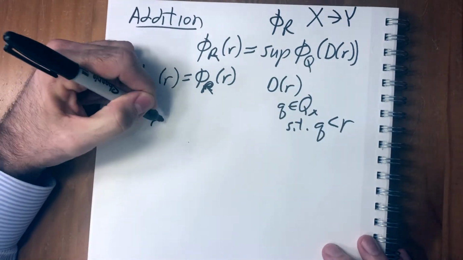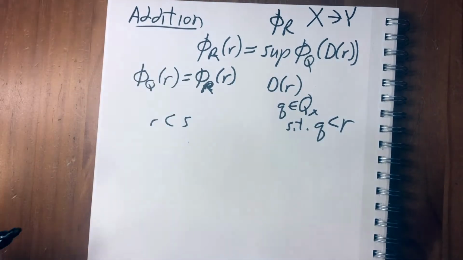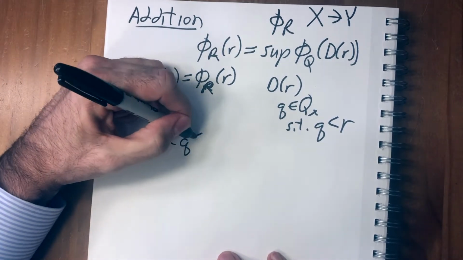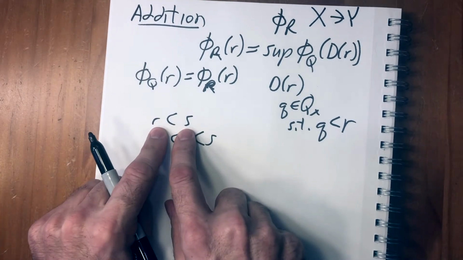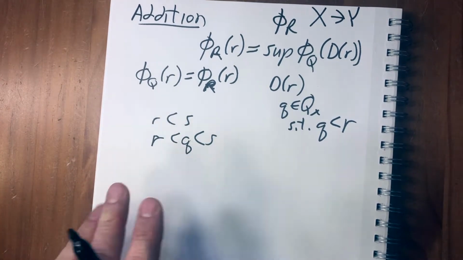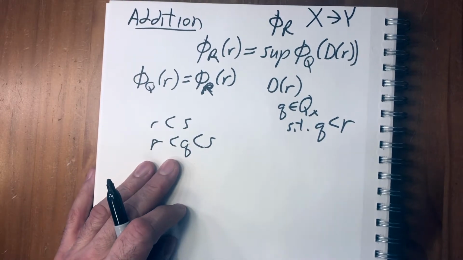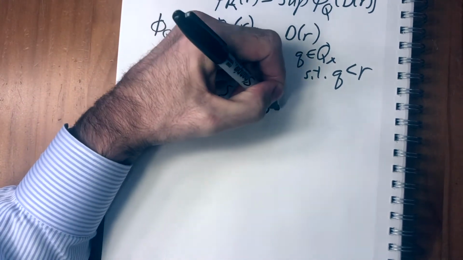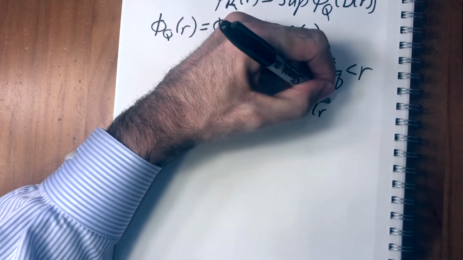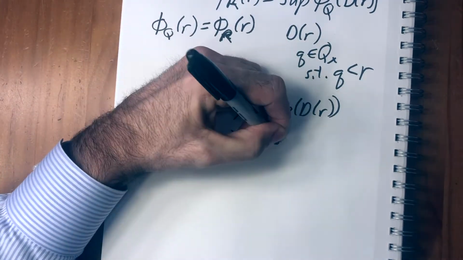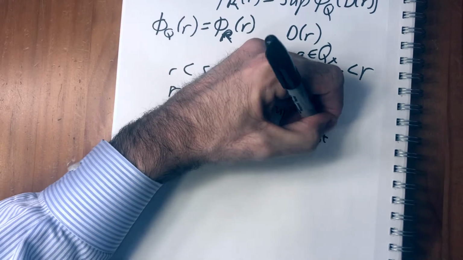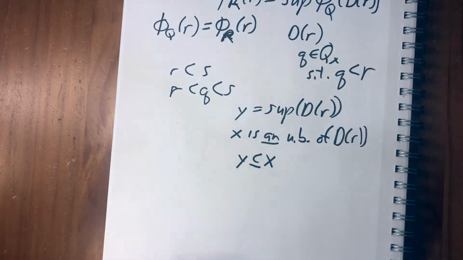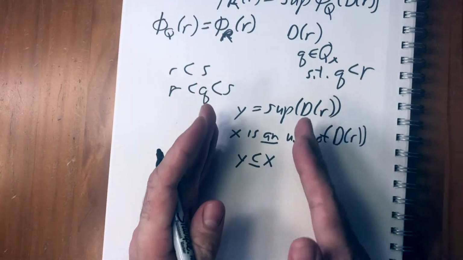The other thing we use a lot is that if r is less than s, then because the rationals are dense in the reals, there's always going to be some rational q between any 2 numbers. If one is less than the other, there's going to be something in between them. And also our understanding of the least upper bound: if y equals the supremum of dr, and x is an upper bound of dr, then y has to be less than or equal to x, because the least upper bound is less than or equal to any other upper bound.